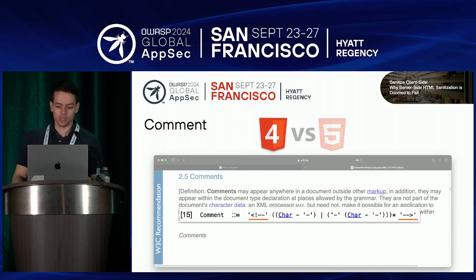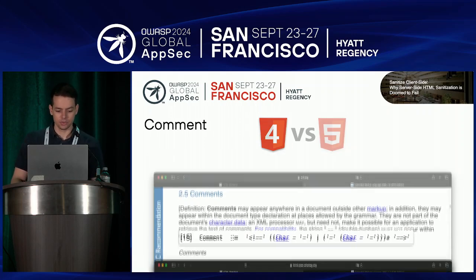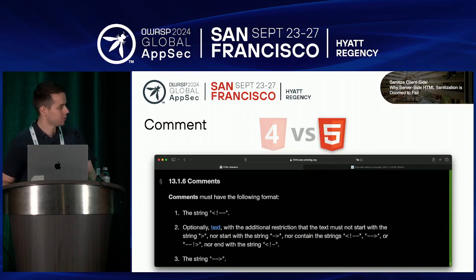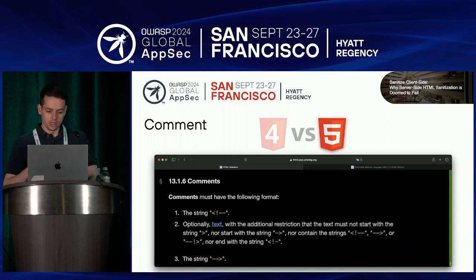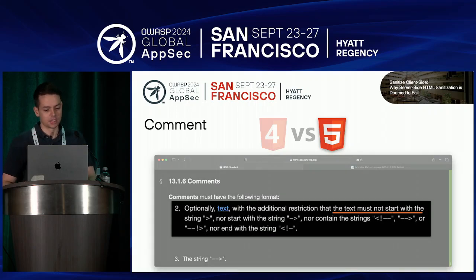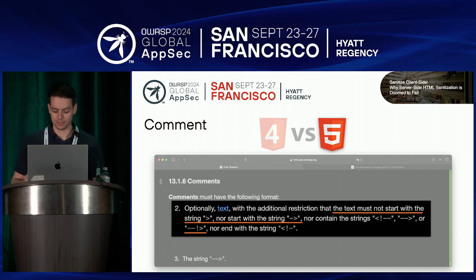But if we pull up the documentation of HTML5 on the other hand, the first point is the same. We should start comments the same way, but if you look at the second point, it states that the text must not start with the string greater than sign, -- greater than sign, -- exclamation mark, greater than sign. So we can easily see a differential between those versions.